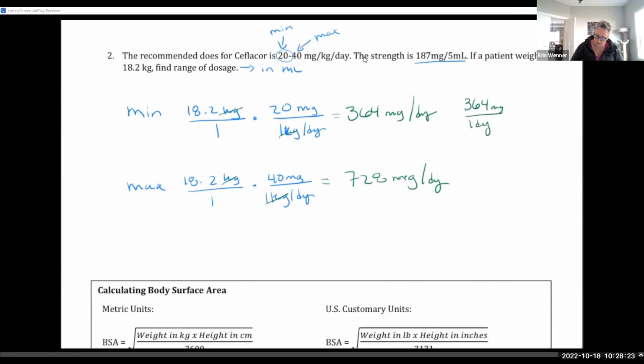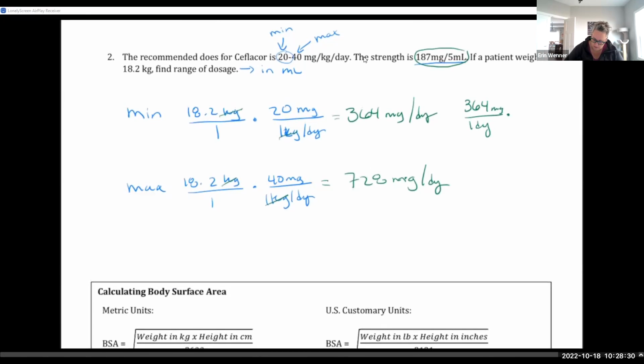We're going to multiply it by our conversion factor. Now remember, there are two ways we can put this. We can say 187 milligrams for 5 milliliters, or we can say 5 milliliters for 187 milligrams. Because we want our milligrams to cancel, we're going to want this second conversion factor: 5 milliliters for 187 milligrams.